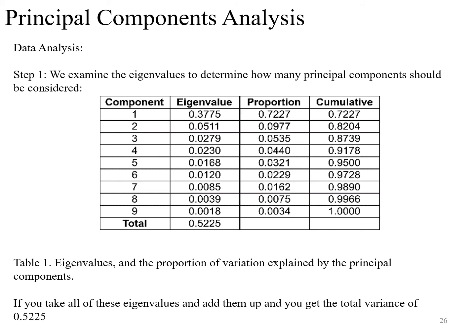The fourth is associated with 4, etc., etc. The last column is actually the cumulative variance associated with each component. Okay, and we calculate this so that we can come to decisions about how many principal components we want to consider for a given data set.